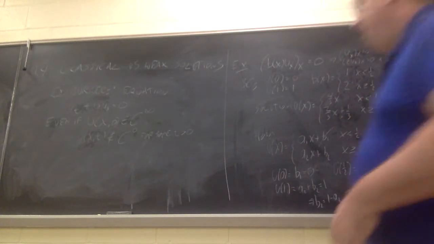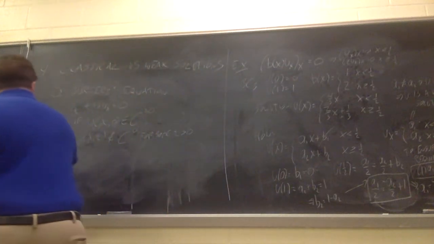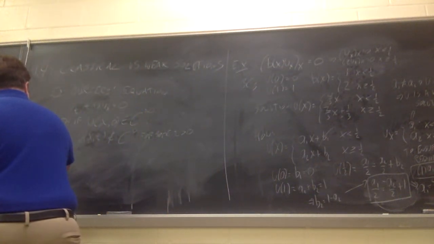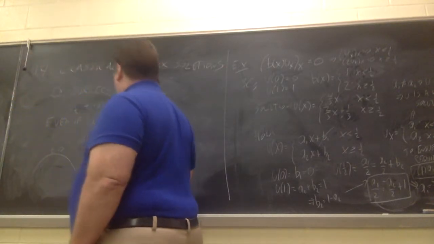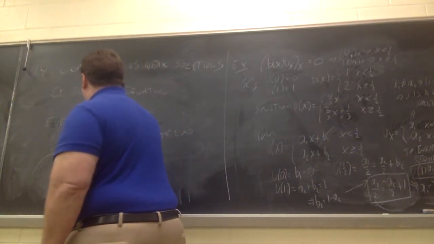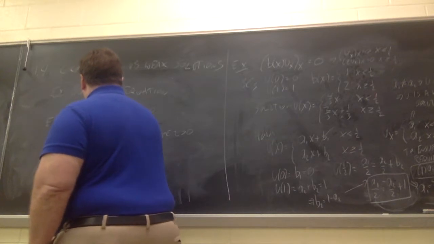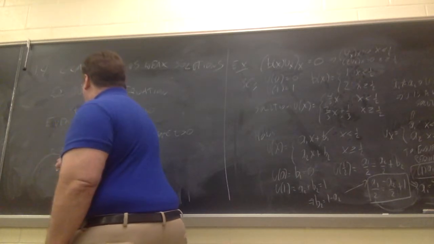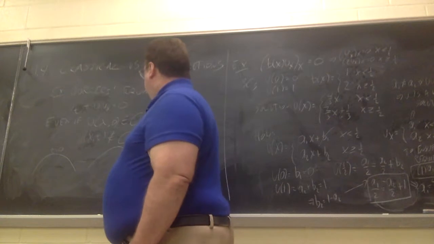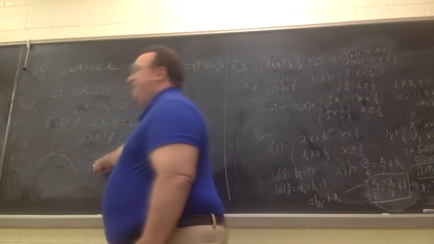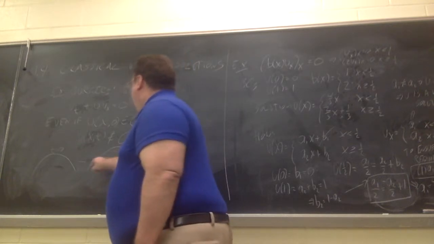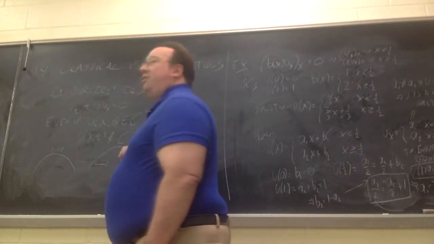I can actually draw the pictures. So you have a solution that initially is like this, a nice smooth function. And then as t progresses, it starts to propagate to the right, but at different speed. So this part of the solution at the left is propagating to the right faster than these parts over here.